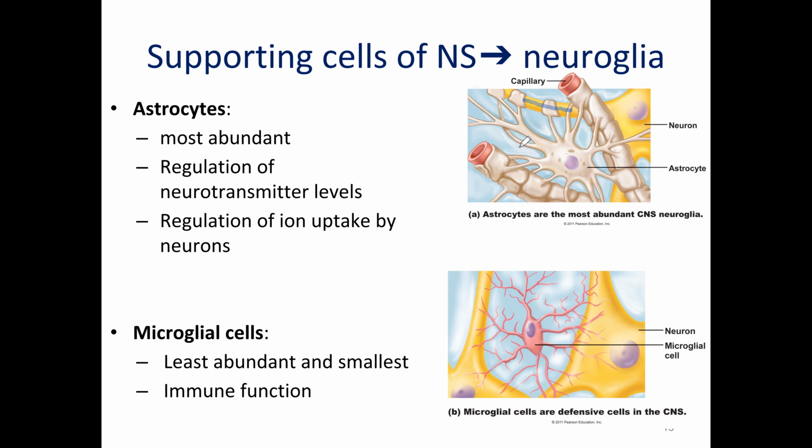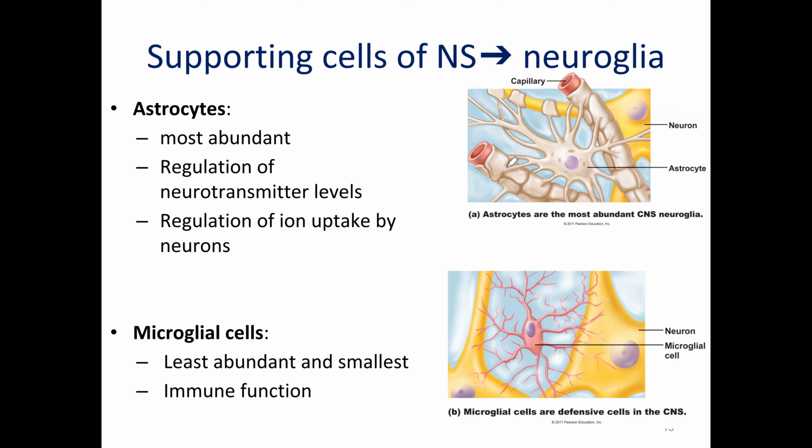They regulate the amount of neurotransmitters that a neuron secretes. They regulate what ions can enter the neuron. Another very important function of astrocytes is that they create the blood-brain barrier. So this is a blood capillary, a blood vessel, and the blood is inside.